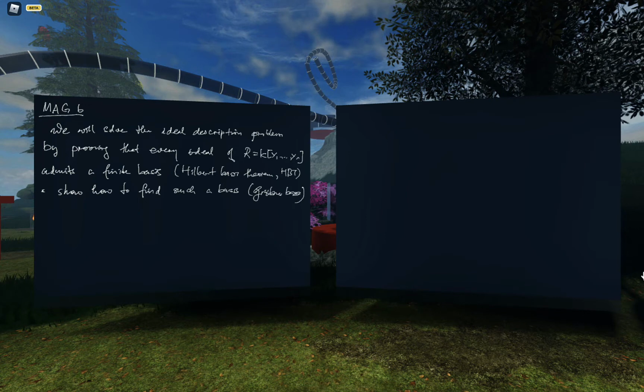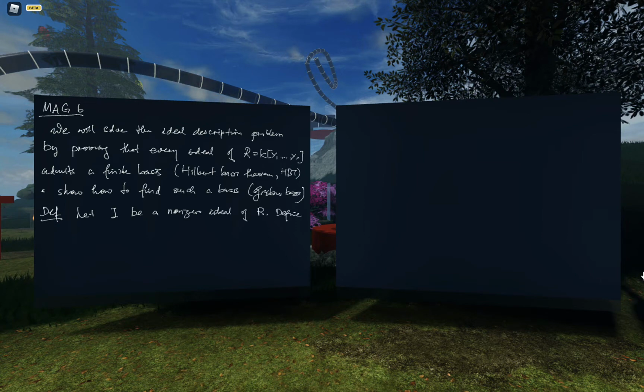Okay, so we need a definition to start with, and the definition is going to be using leading terms that we talked about in the previous lectures. So let I be a non-zero ideal of R, and we define LT(I).